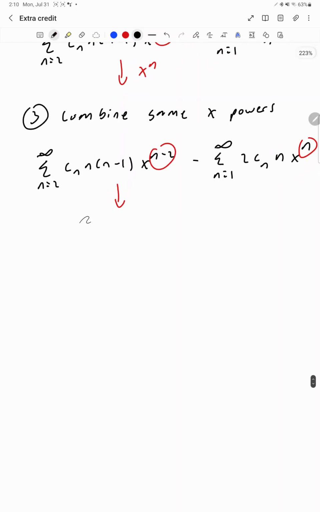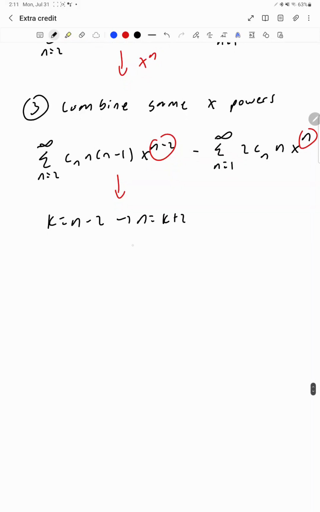So then we're going to say that k equals n minus 2. So then n equals k plus 2, because we want it to become x to the n. So then n equals 2 when k equals 0.